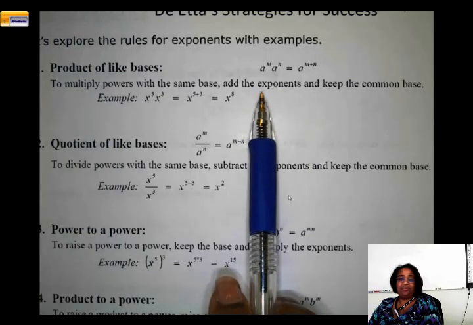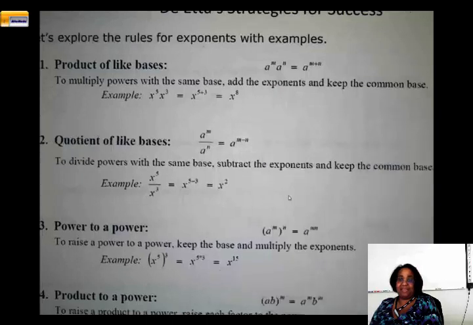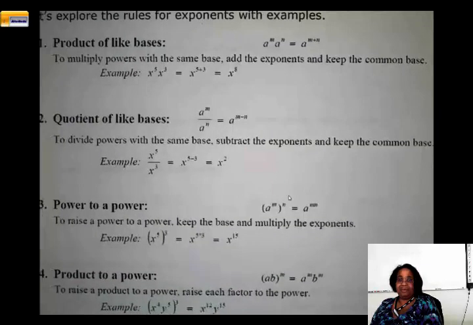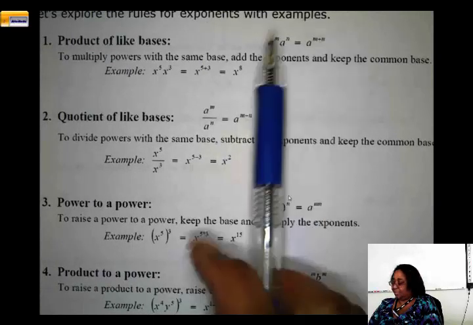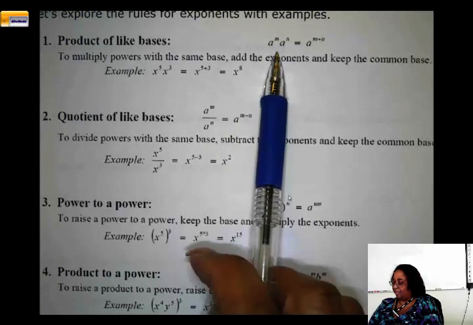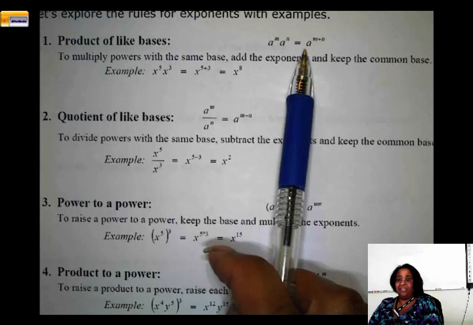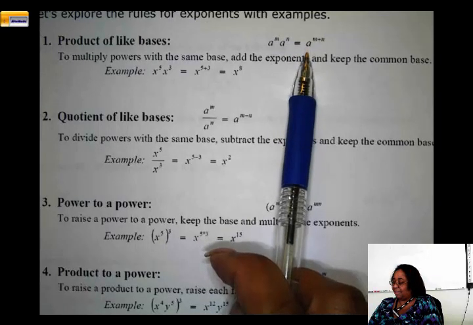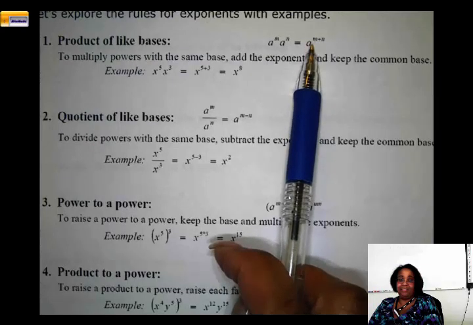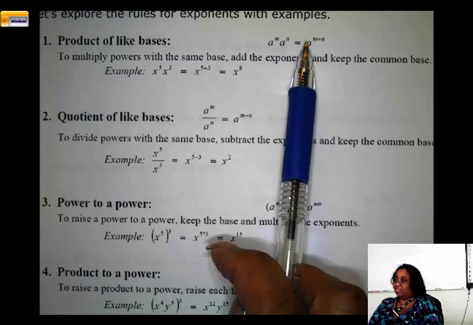If you are multiplying the same base, so in this case, it's A and A, then you can take that base, and it's the same as adding the two exponents.